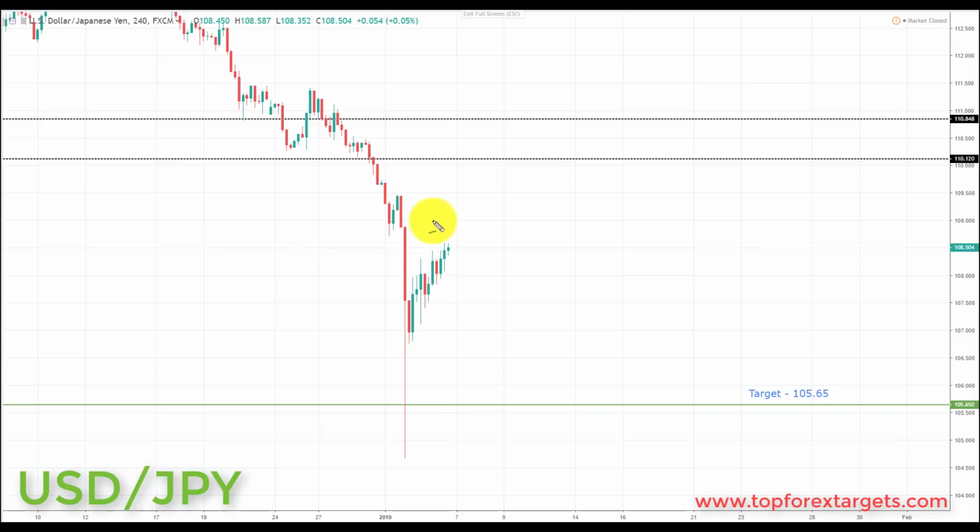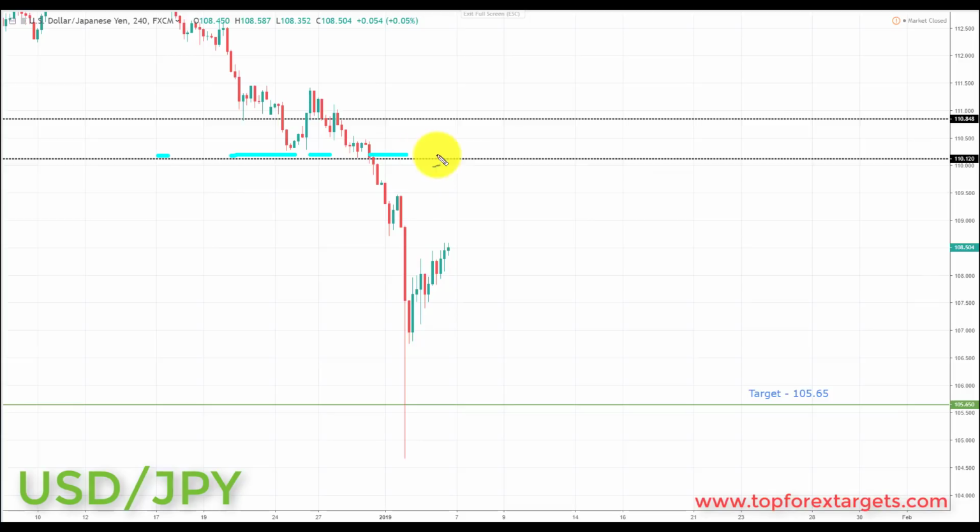But the catalyst for this was Apple, the company Apple, actually cutting its revenue guidance, and we saw a flight to safety to safe haven assets like the Japanese yen. And so this is why we saw this to the downside. We do, however, start the week below the key area, nonetheless, the 110.120.